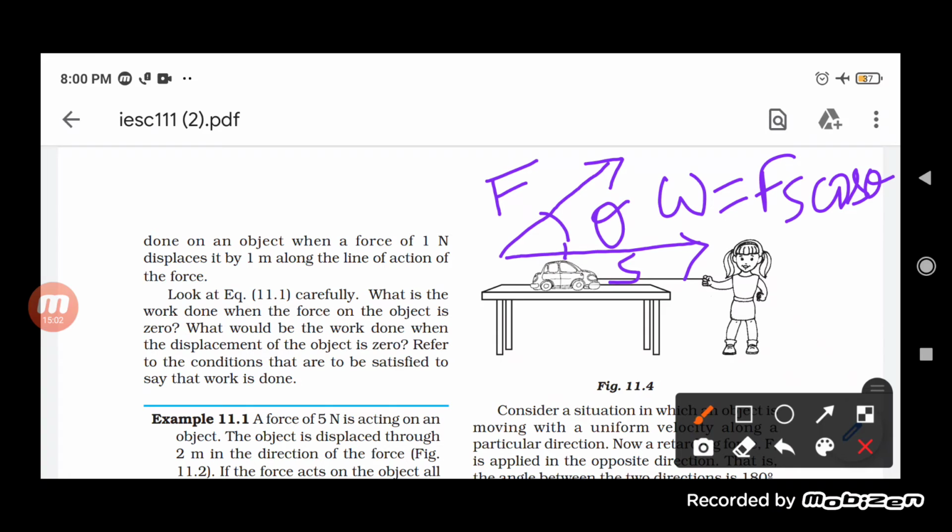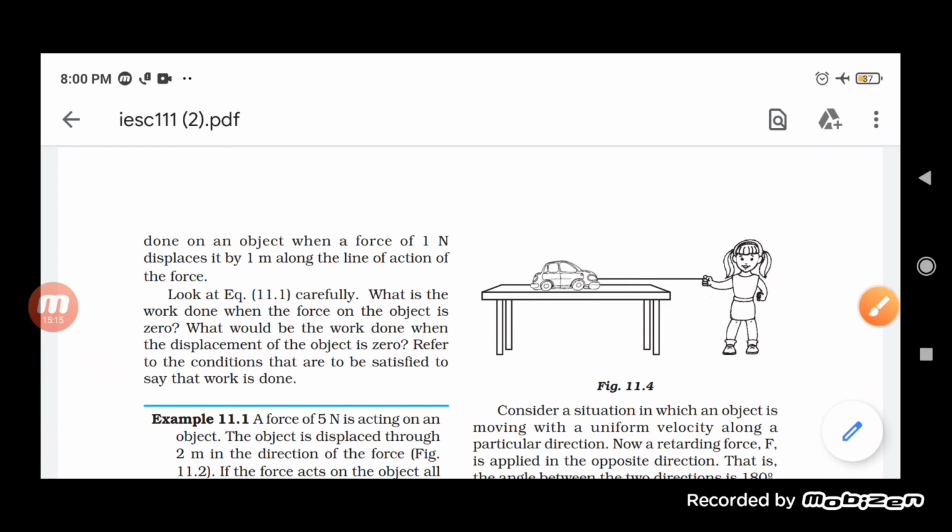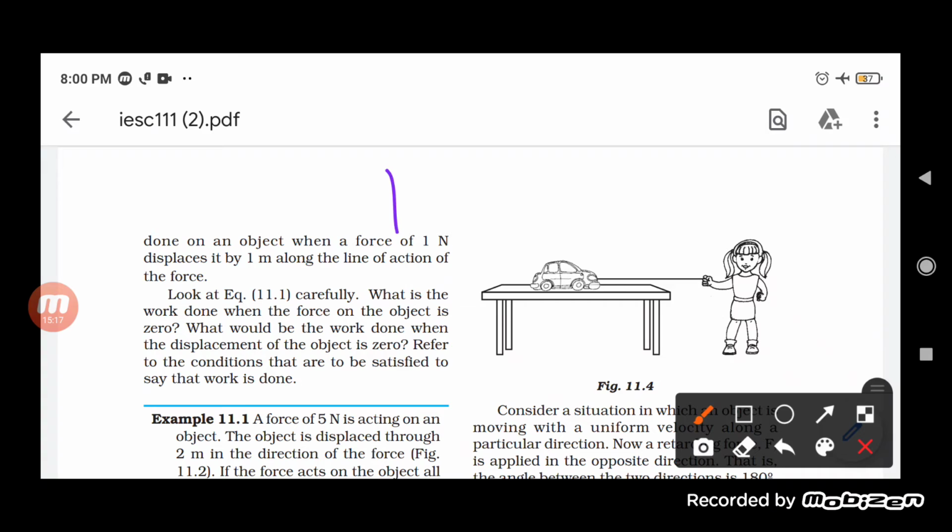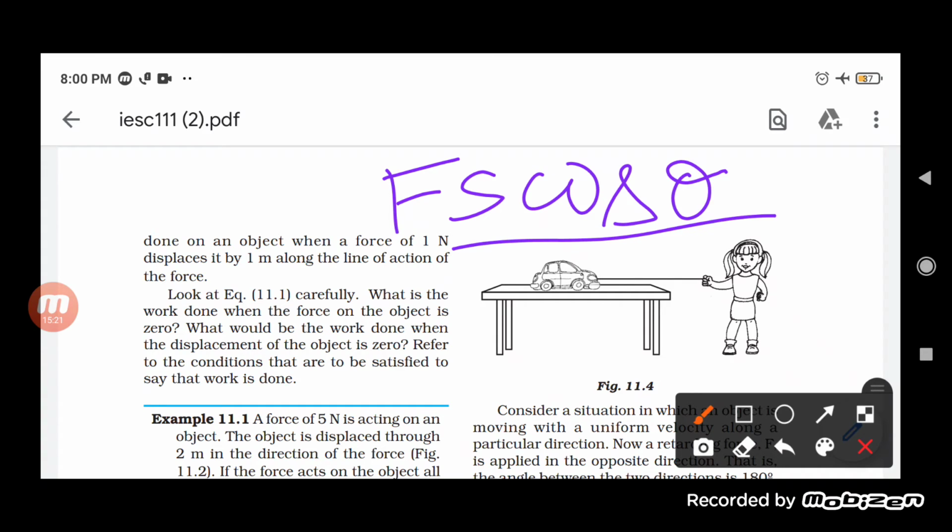Now the theta basically depends upon the angle made between the force and the displacement. Let us try to understand this fact also. Now by this we have seen another kind of formula, and that is Fs cos theta. It's really very important to understand this. That is Fs cos theta.